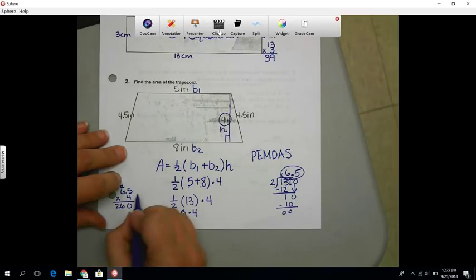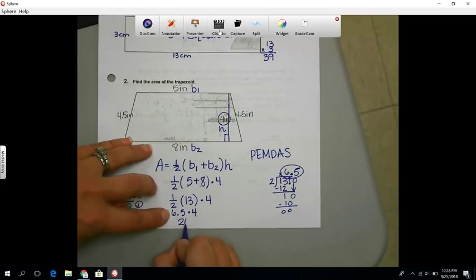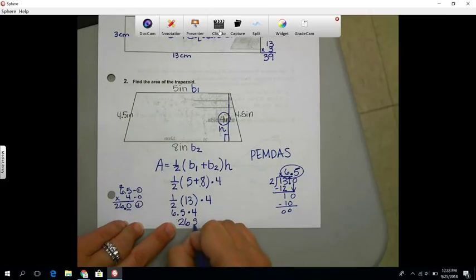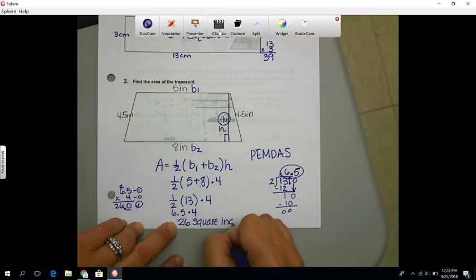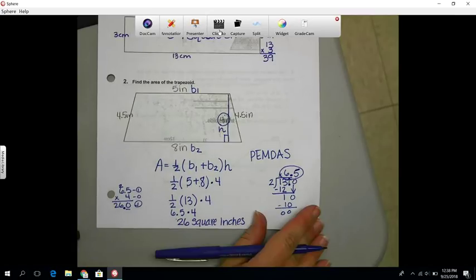Recall that we have 1 number behind the decimal here, 0 numbers behind the decimal here, which means I need to move it once to the left to get 26 square inches. Great job on the area of a trapezoid. All right, let's turn to number 3.